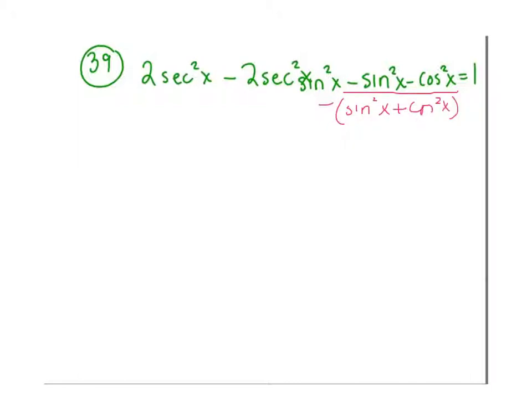This little piece that I have underlined is a negative this. This is going to be negative 1. So this whole thing right here is negative 1. So let's rewrite it. I have 2 secant squared x minus 2 secant squared x sine squared x minus 1 equals 1. Do not move anything across the equal sign.